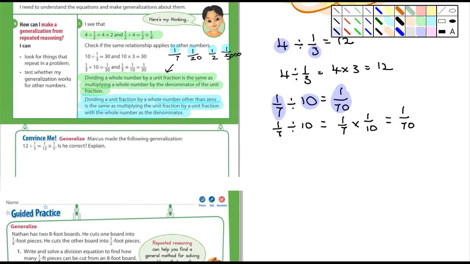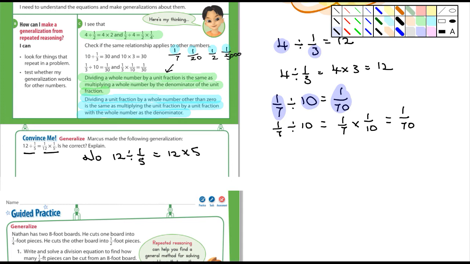It says Marcus made the following generalization. 12 divided by 1/5 is equal to 1/12 times 1/5. Is he correct? Well, no, he's not correct. 12 divided by 1/5 is equal to what? 12 times 5.